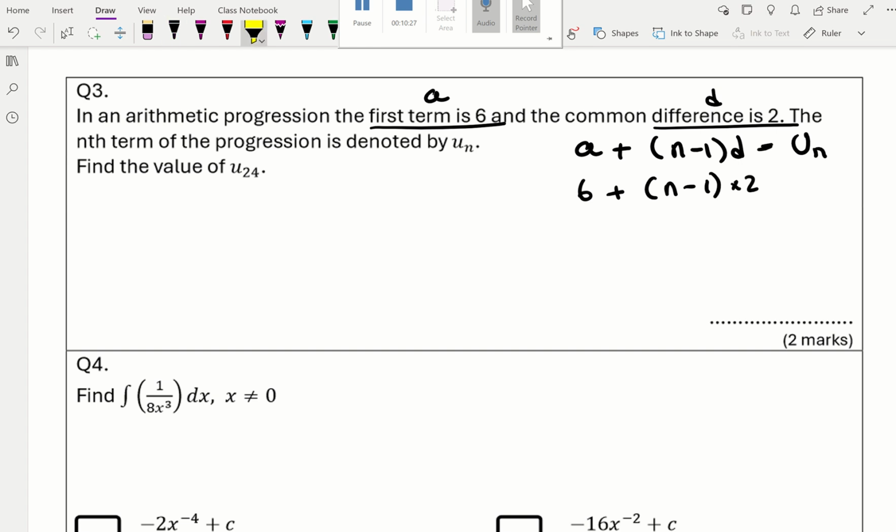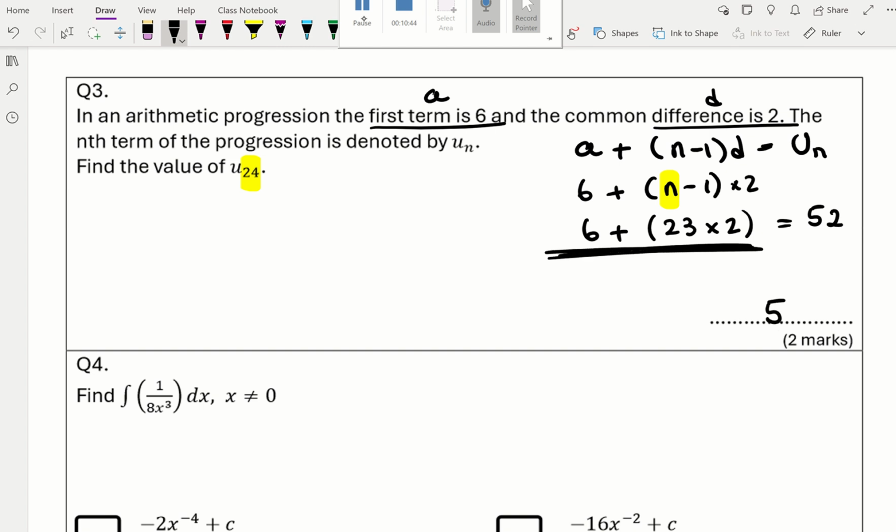But I know what n is because n is 24. So 6 plus 24 minus 1 is 23, 23 times 2. And you put that into your calculator and you get 52. The 24th term is 52.